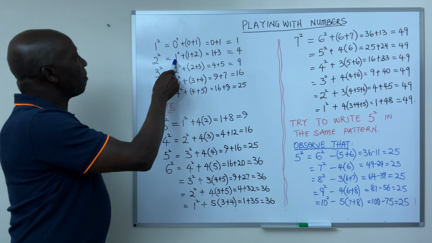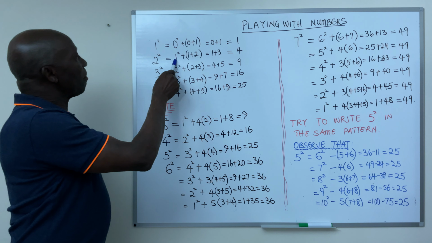Let's look at the next number, which is 4 squared. What is the number before 4? That is 3. The whole number before 4 is 3, so we square 3 plus the sum of 3 and 4. That gives 9 plus 7, which is equal to 16.